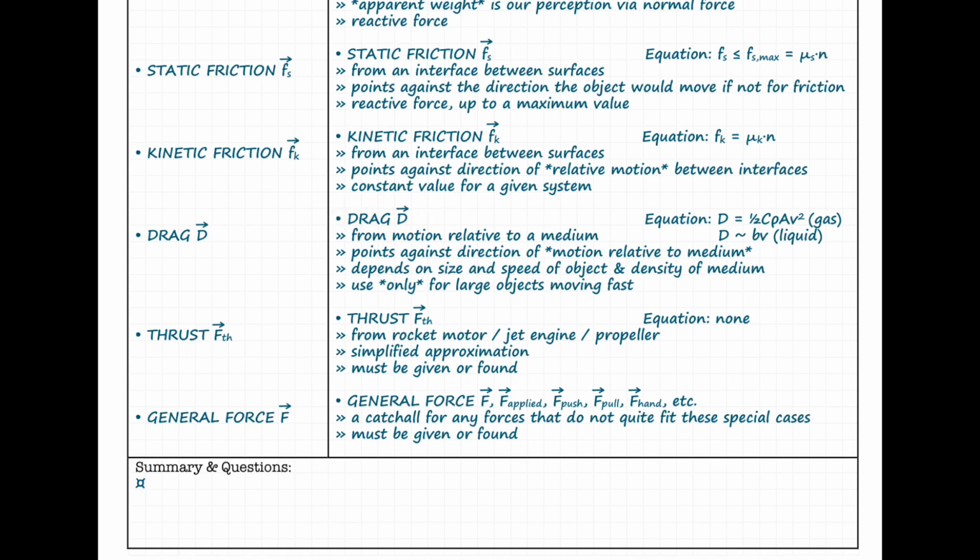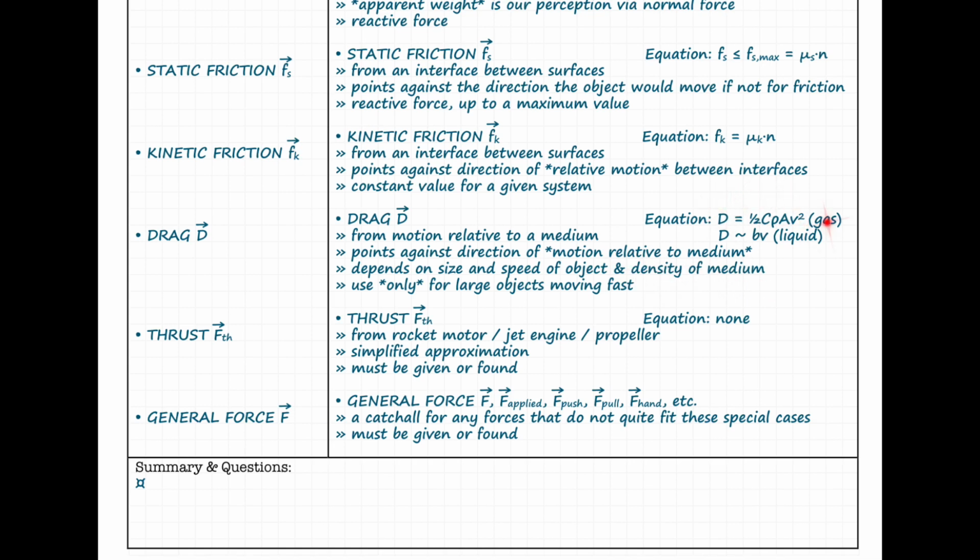Drag is another similar type of force. Drag is when you are moving relative to a medium, like a fluid, like gas, like air or water. And drag points against the direction of relative motion. So if you're trying to push through air or push through water, drag pushes you backwards. It depends on the speed and size of the object and the density of the medium.